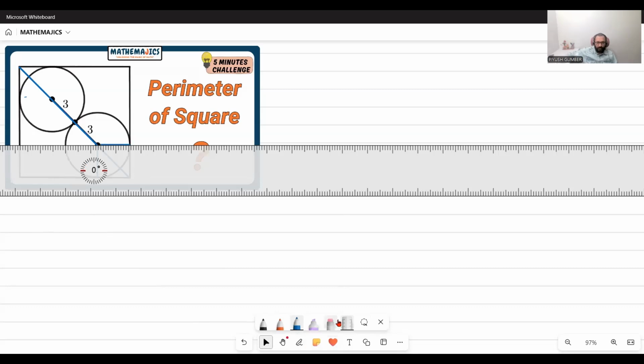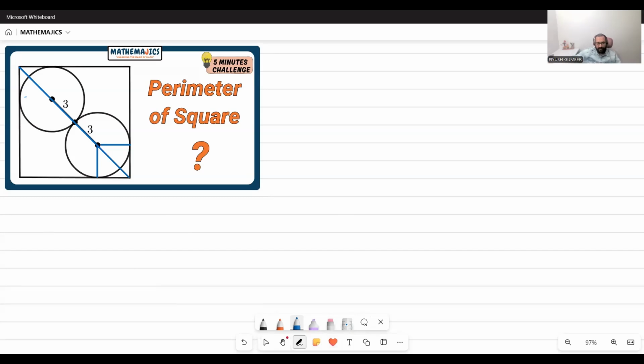Okay, so we have drawn these two radii. Since the radius is 3, I will write 3 here and 3 here, right? So this is actually a small square of side 3.